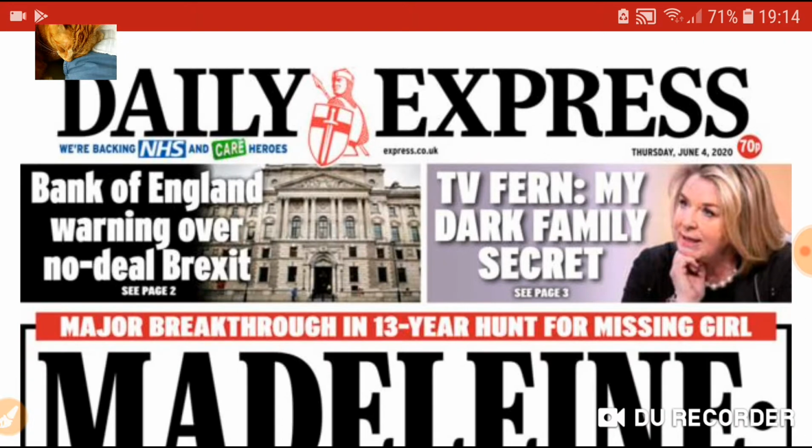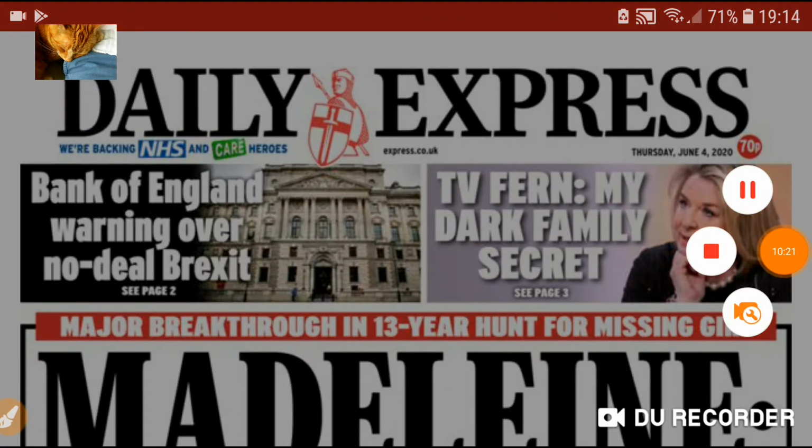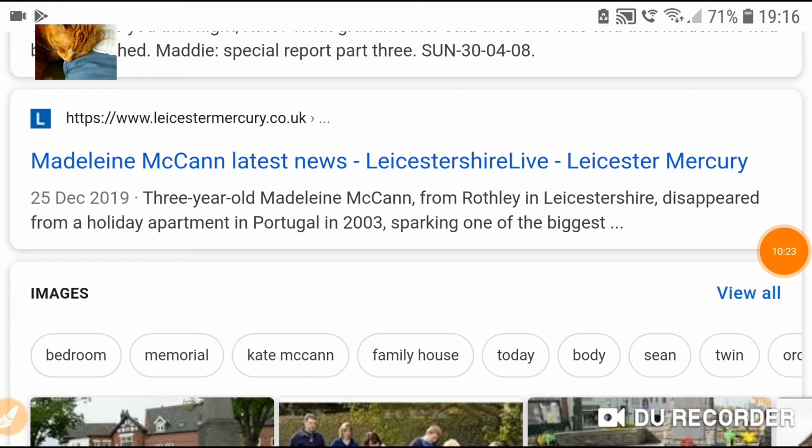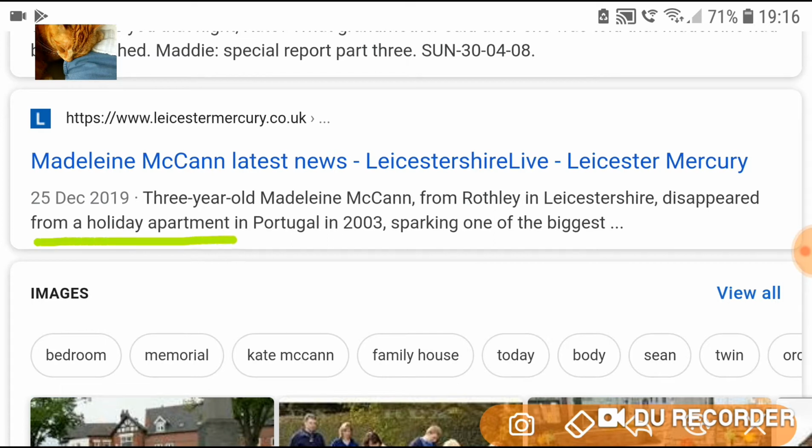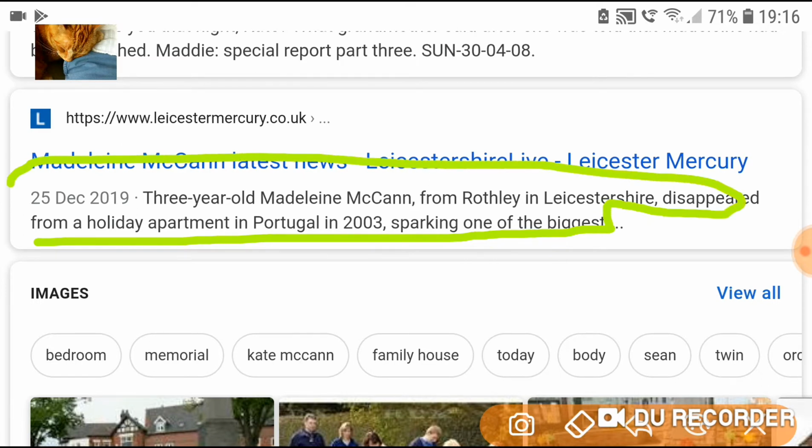So let me just show you that. The McCann family come from somewhere very close to where I was born. They come from Rothley, as showing there. Rothley, okay.